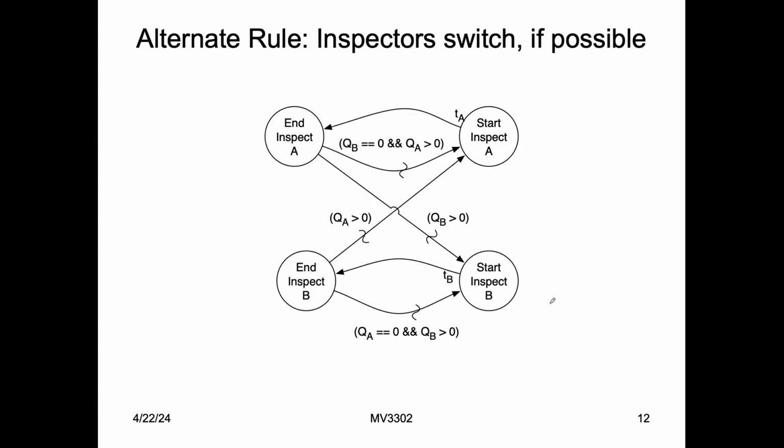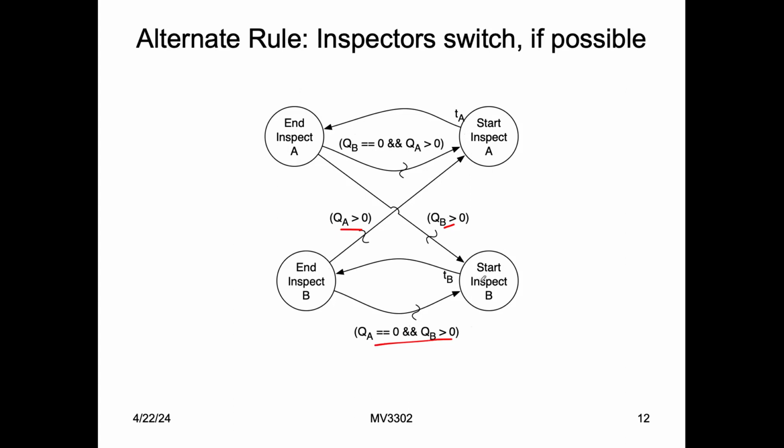All that requires is for these four events to have a slightly different criterion. So when I end inspecting an A, I first check to see if a B is available, and if so, I'll start on that. And I'll inspect another A only if there isn't a B available, which could be the case. Likewise, if I end inspecting a B, then I want to inspect an A if it's available, and only if it's not, and there's a B available, will I do that.